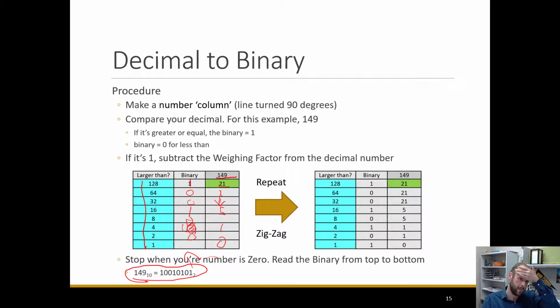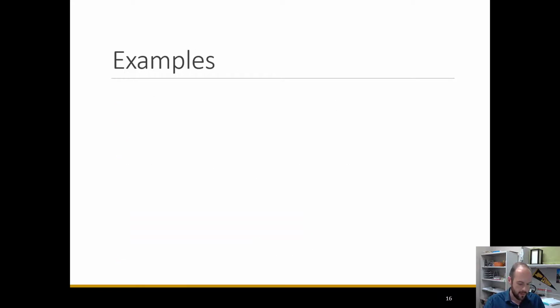So that conversion, just kind of zigzagging down this column, seemingly takes a long time, and we're expanding it out for the purposes of demonstration here, but the more of these you do, the more that it speeds up. So we'll look at one more example here, just to get the idea. We'll look at converting 137 decimal into binary.